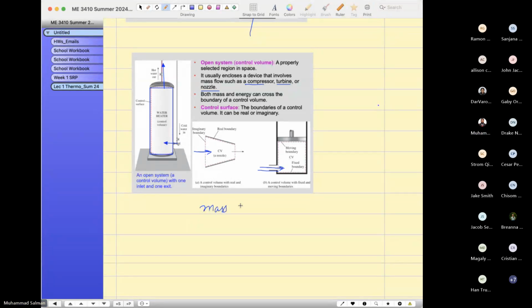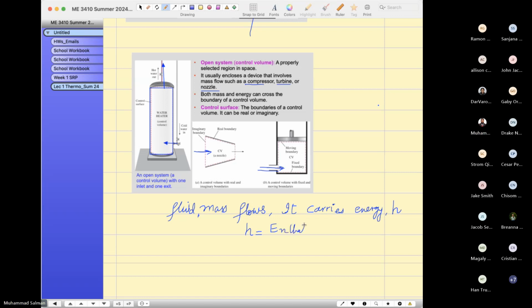when fluid mass flows, it carries energy, and that energy is known as enthalpy, H. You will study it later on.